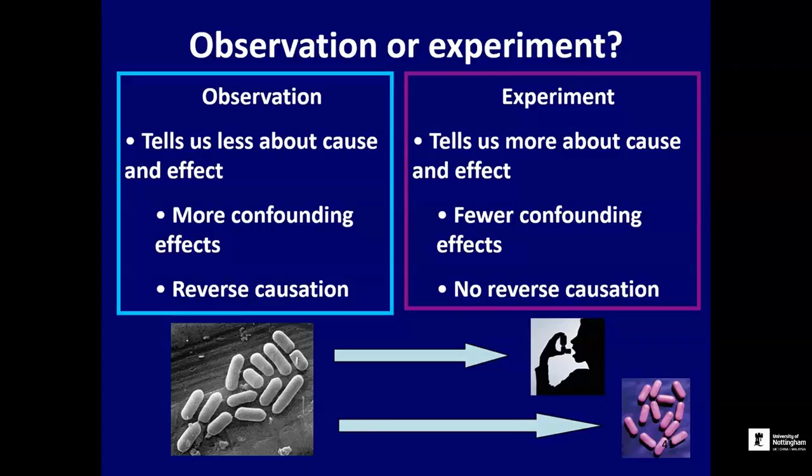For example, it might be that people who have a long-term lung infection, or are for some reason prone to lung infections, have to take antibiotics to try to cope with that illness. And at the same time, that bacterial infection of the lungs is also triggering asthma. So people are taking antibiotics because they've got bugs in their lungs, and they're getting asthma because they've got bugs in their lungs.